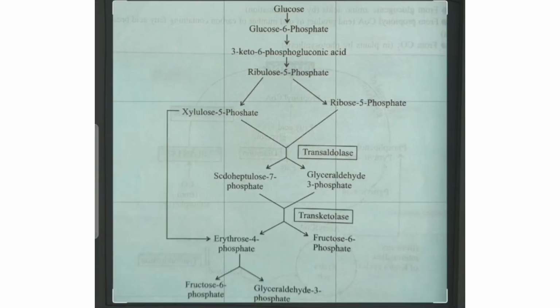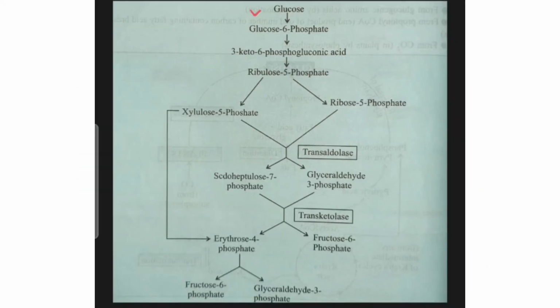From glucose 6-phosphate, 3-keto-6-phosphogluconic acid can be produced, and it will provide ribulose 5-phosphate in this reaction, which can be split into two parts, xylulose 5-phosphate and ribulose 5-phosphate.